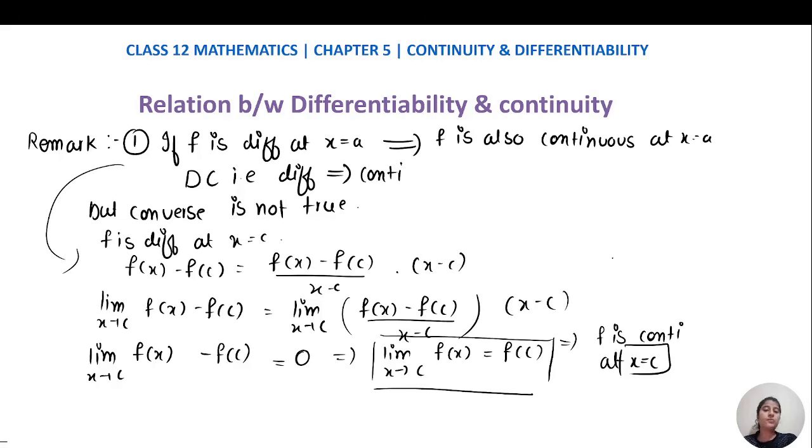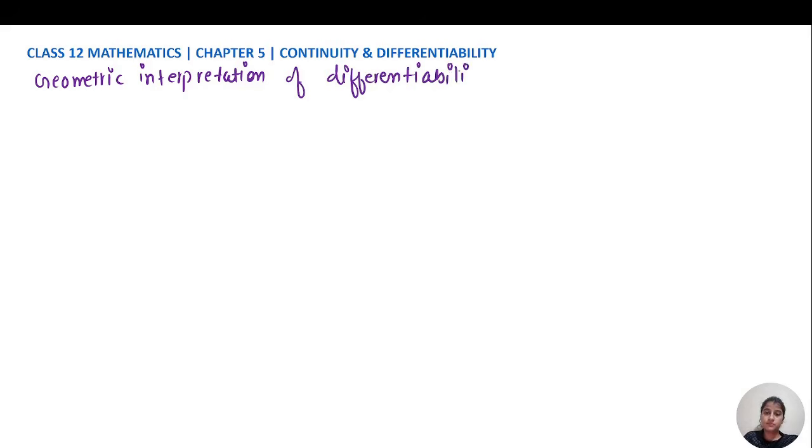Now, before moving to the converse, let me explain the geometric interpretation of differentiability at a point, say x equals a.